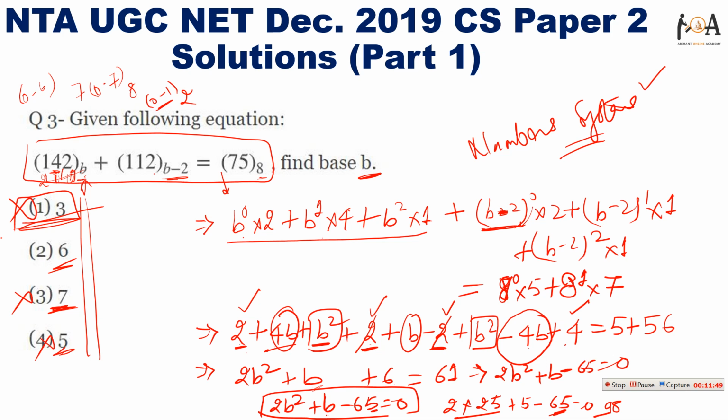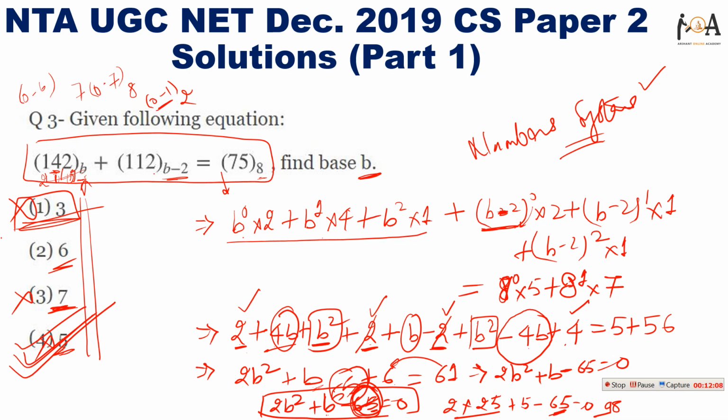So okay, we just need to make a slight change. I just got this one wrong here. It is just a calculation mistake. 61 minus 6, minus 61 should be there. That is why it would be 55. And if it would be 55, option 5 is the correct answer.